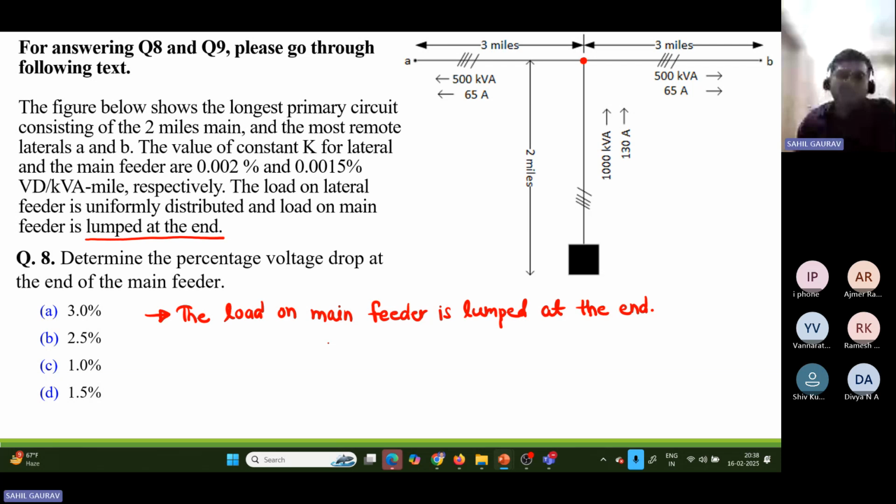K is given as 0.0015 percentage voltage drop per kVA mile. And LE is how much? Can anyone tell? Effective length. Yes, 2 miles, correct. And now SN is how much?